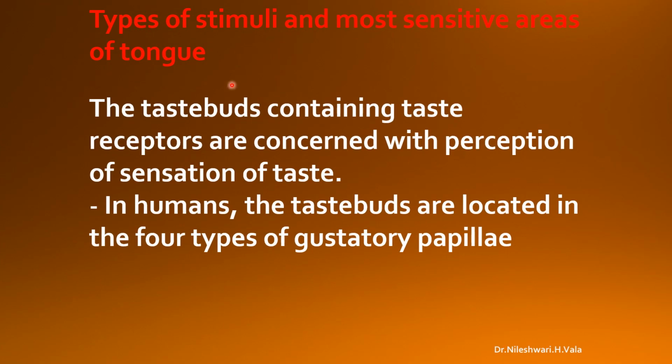Now types of the stimuli and most sensitive area of the tongue. The taste buds contain taste receptors that are concerned with the perception and sensation of taste. In humans, the taste buds are located in four types of gustatory papilla.